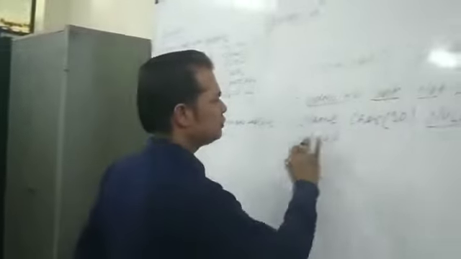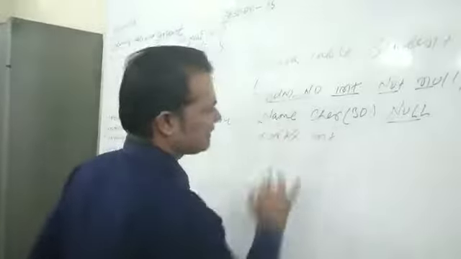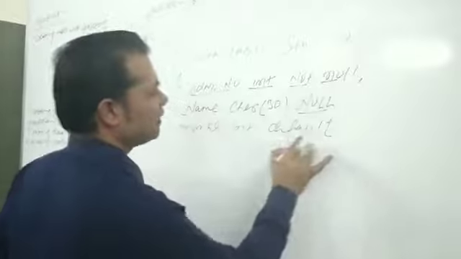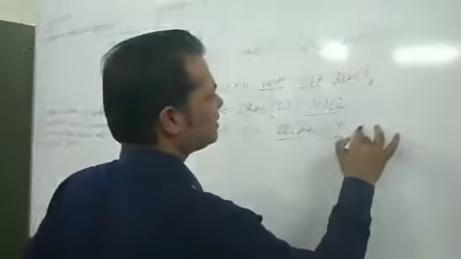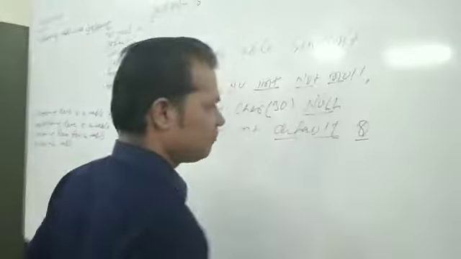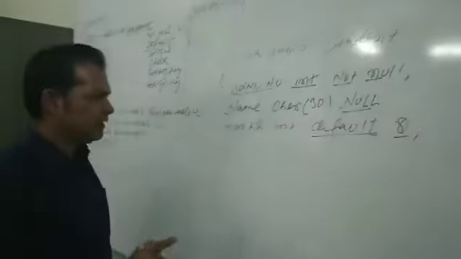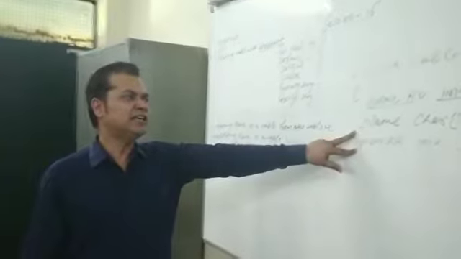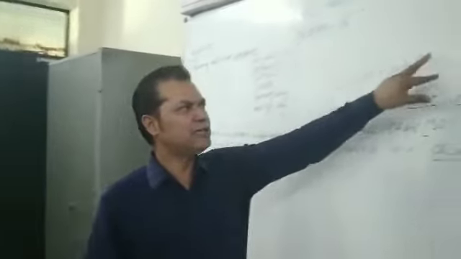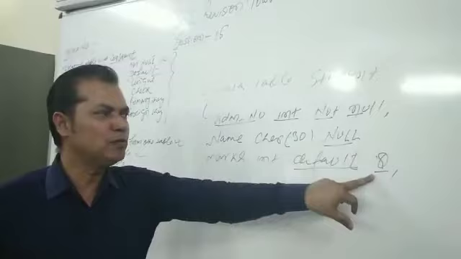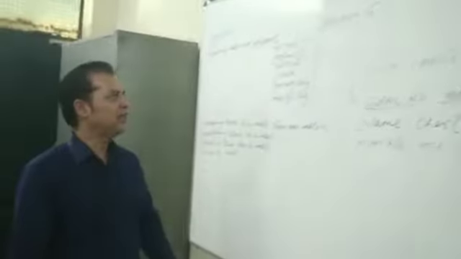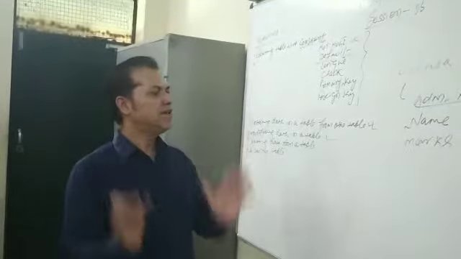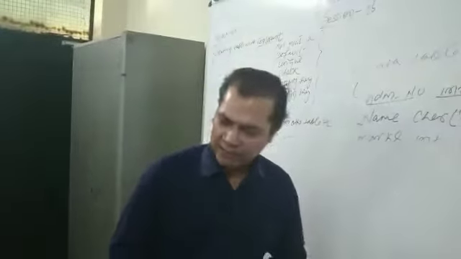For that, I have to use marks, then int as the data type, and simply write default. Default is a keyword or a constraint, and 30 or 0, whatever you want. Default 0, comma. It means if the user misses entering data into the marks column of the table student, then by default the marks will be 0. You don't need to bother about it. And that is the default constraint. So the default constraint simply assigns the default value that you mention at the time of declaration of that field.